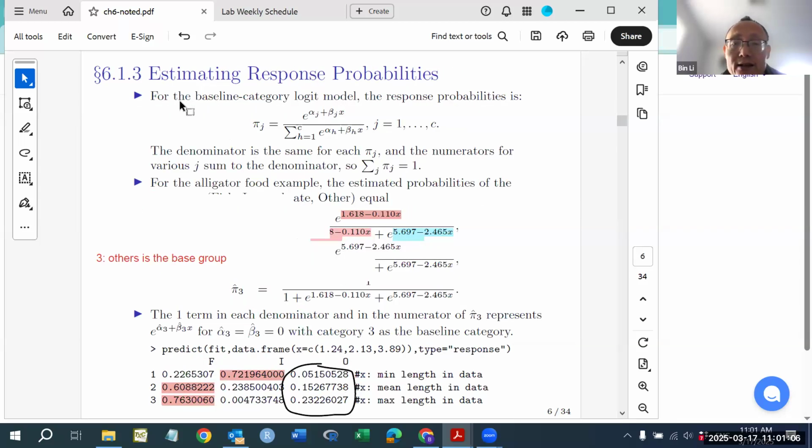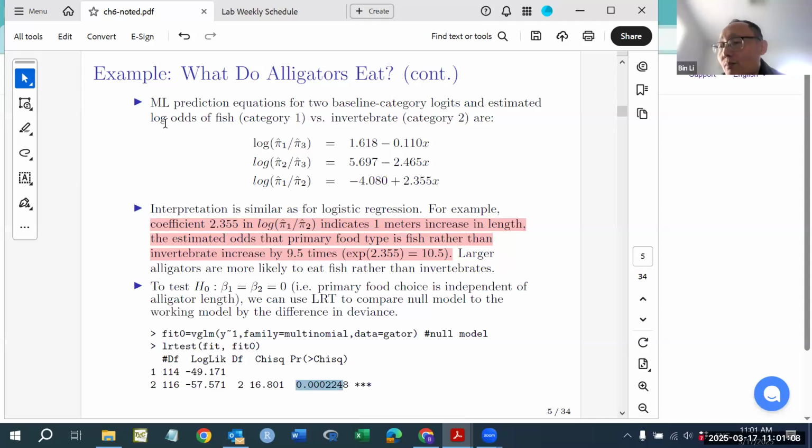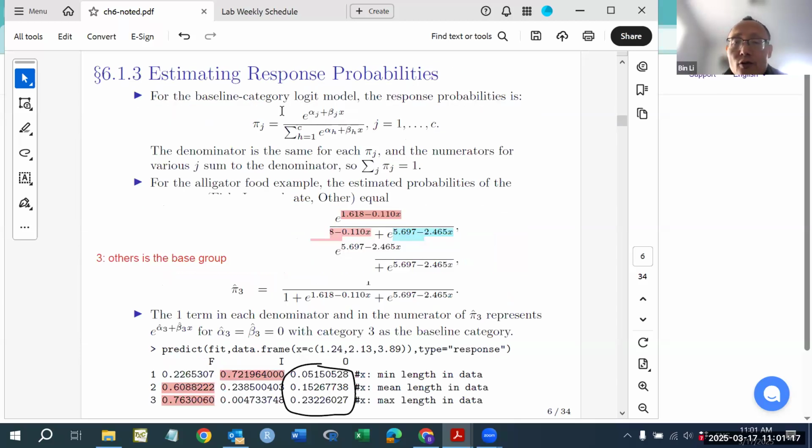Okay, so now let's see, we can also estimate the probabilities just as what we did in the logistic regressions, right? Remember for the logistic regression models, how do we estimate the probability?